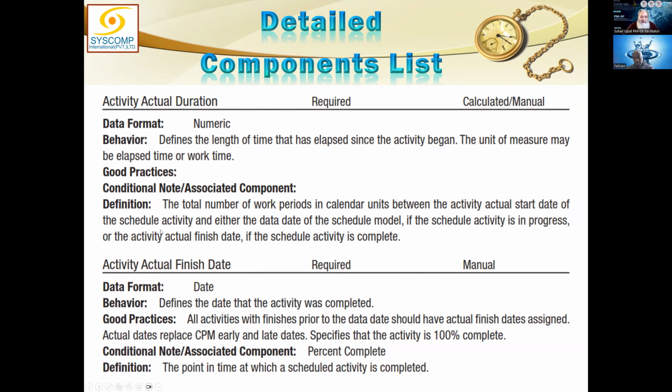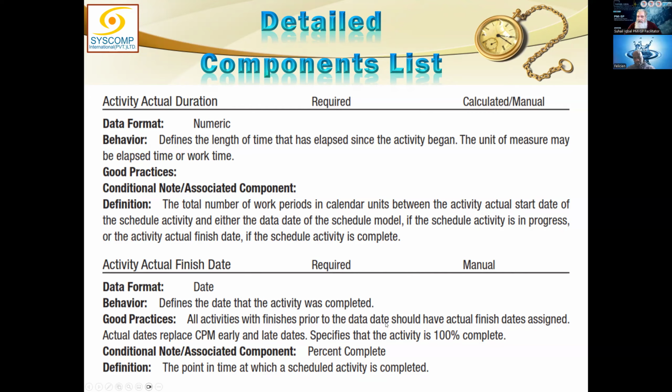Similarly, activity actual finish date. This is the date on which that activity had finished, the date itself. So the format is date, it is a required item, it is manually input. Behavior is that it defines the date that the activity was completed. Good practices: all activities with finishes prior to the data date.